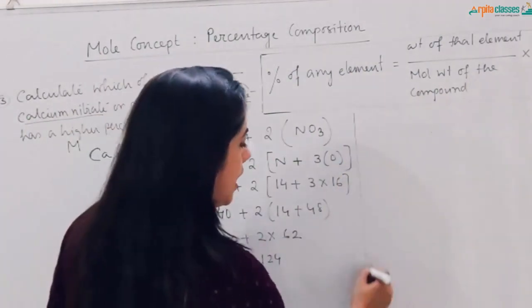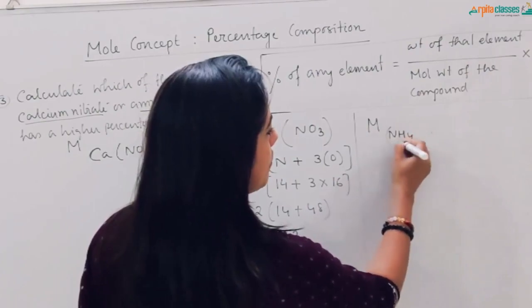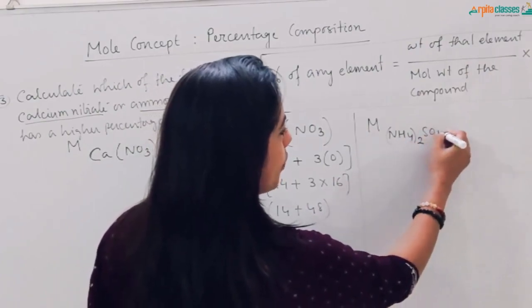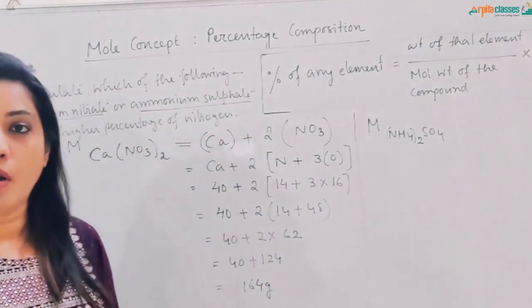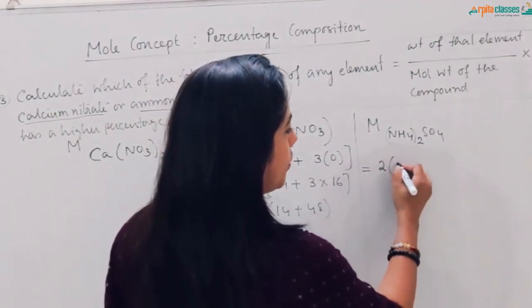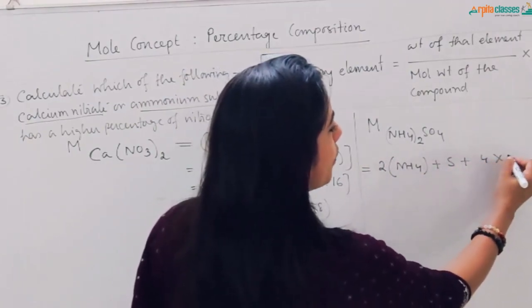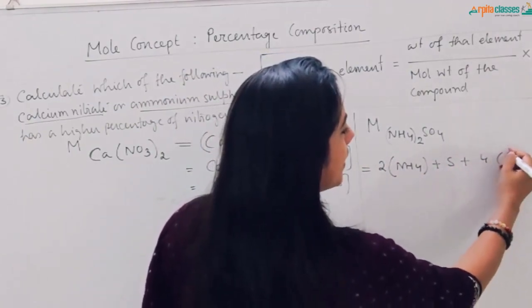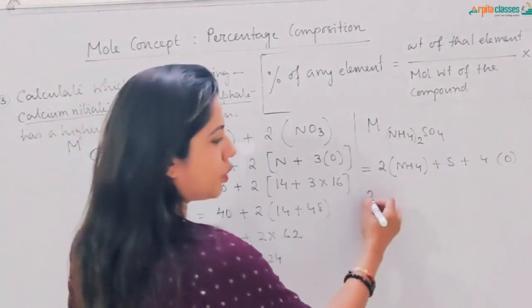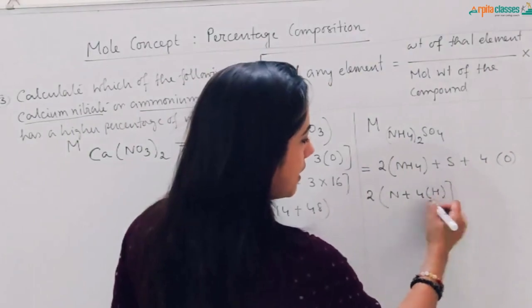Now the other compound is ammonium sulfate, which is (NH4)2SO4. We need to find out the molecular weight of ammonium sulfate. So that is equal to 2 into NH4 plus sulfur plus 4 into oxygen. Now we have to split this up. 2 into nitrogen plus 4 hydrogen.